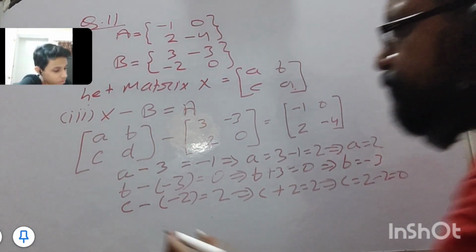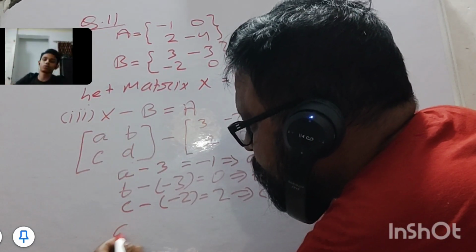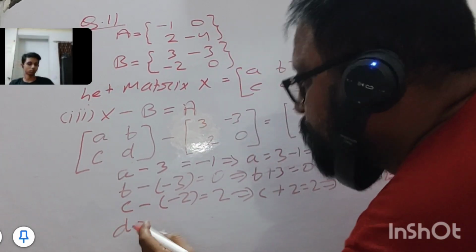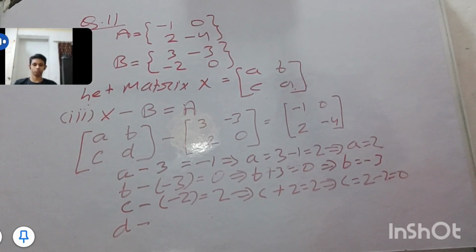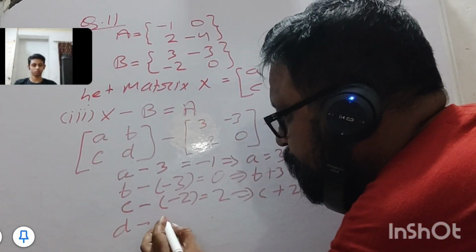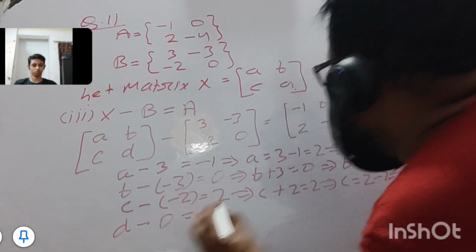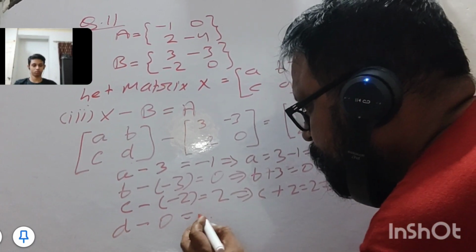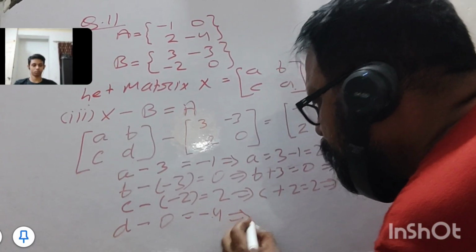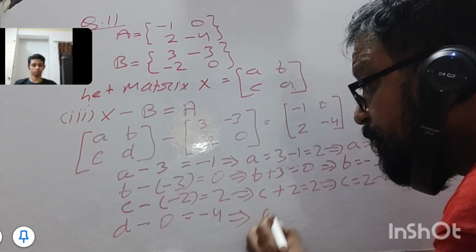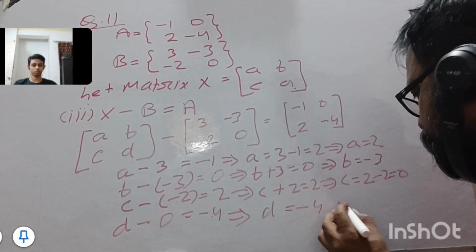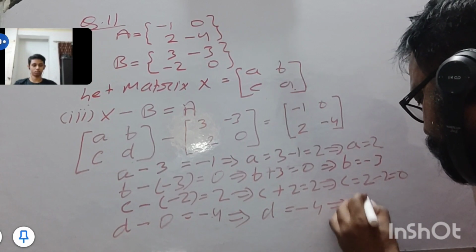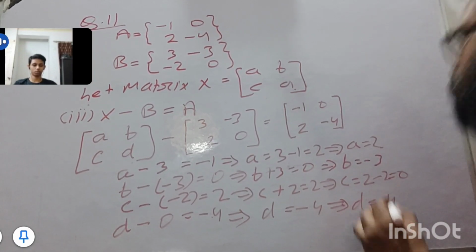And lastly we have d minus 0 is equal to -4, so again we get d is equal to -4.